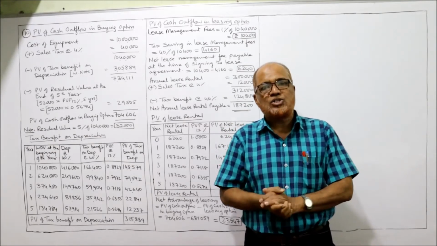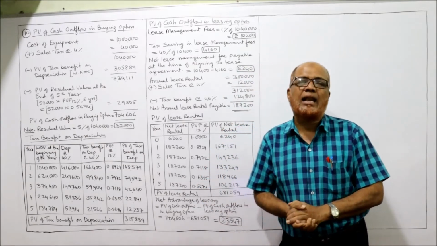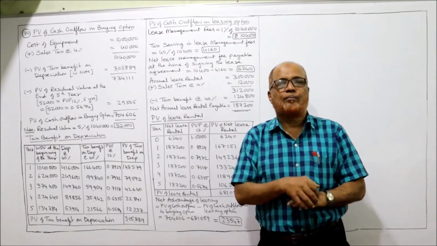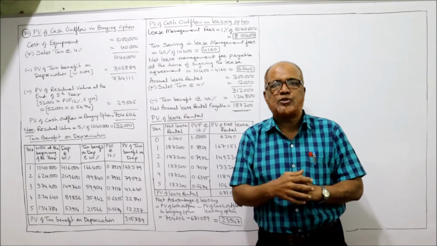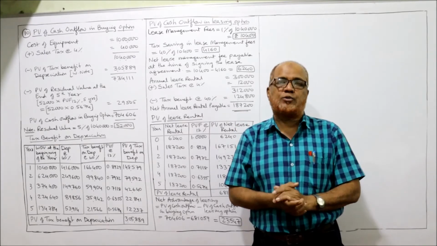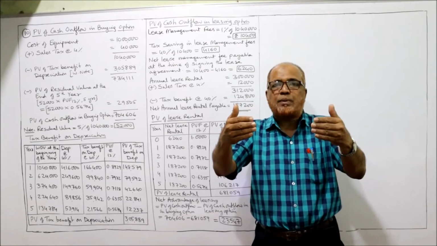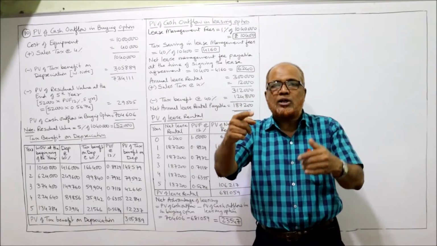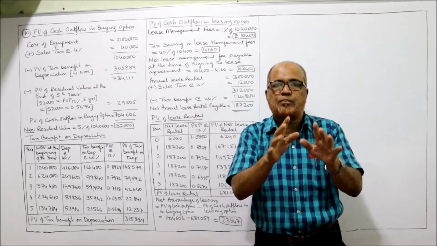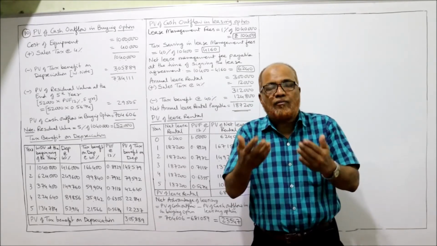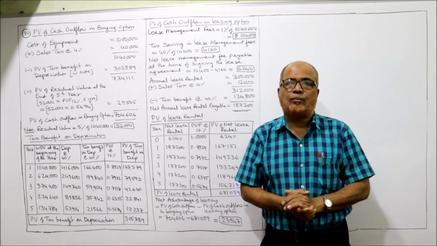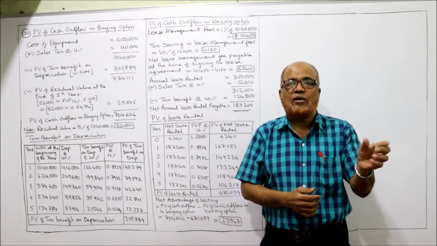So how to take the decision in this type of problems? We calculate the present value of cash outflow in case of leasing option and the present value of cash outflow in case of buying option. So we will compare those present values. Whichever option has a lower present value of cash outflow, that option we select. Or one more alternative, calculate the net present value, the net advantage of leasing.